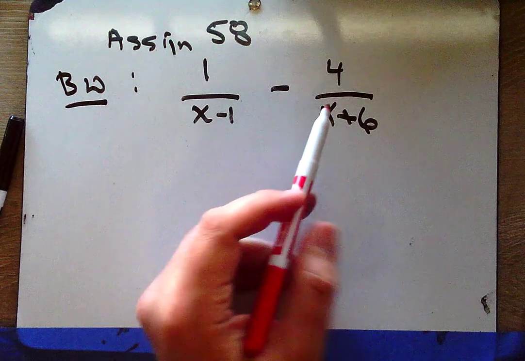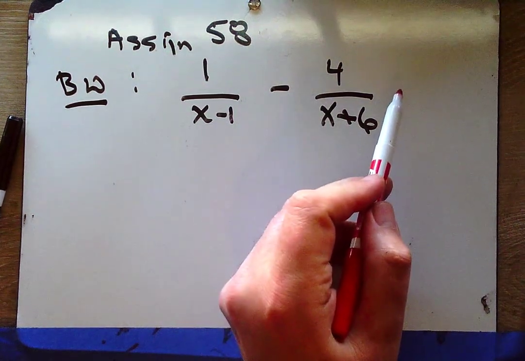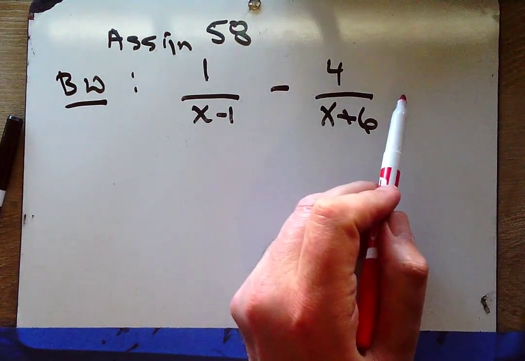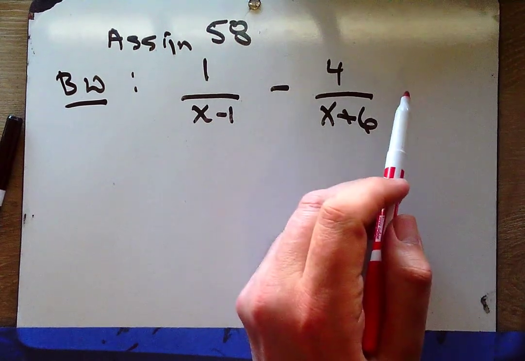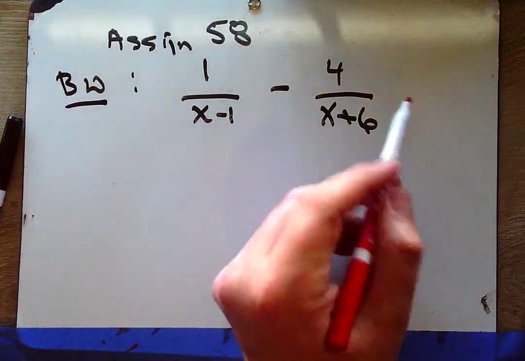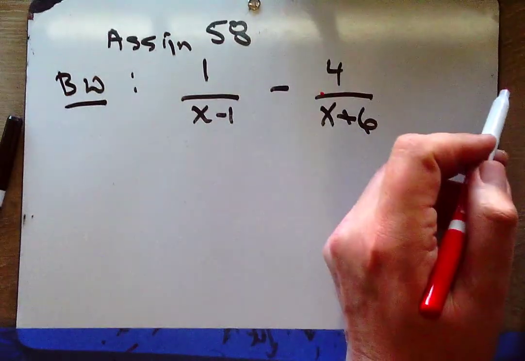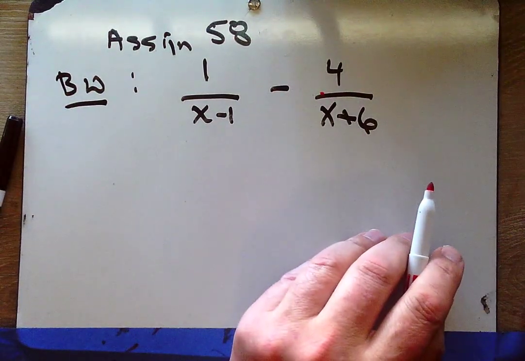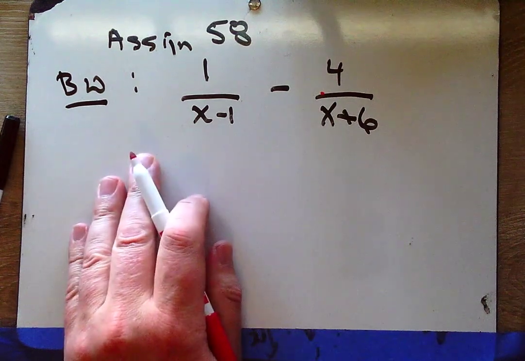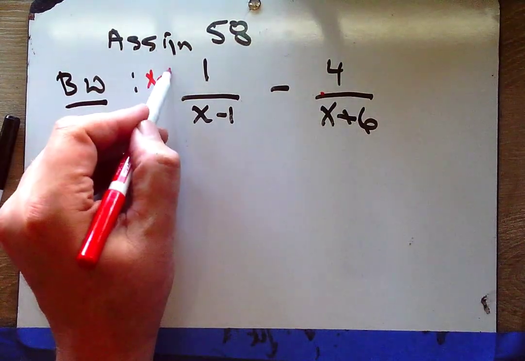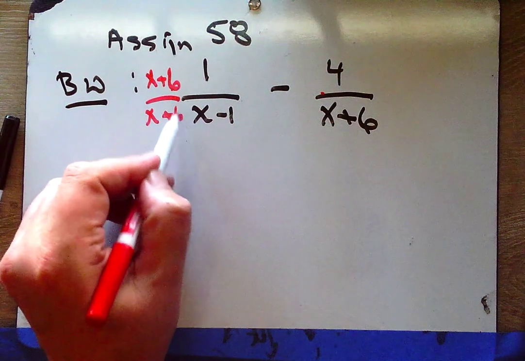Oh, it's true. There's no equal sign here. And because there's no equal sign, this isn't solving. This is simplifying. If there were an equal sign and something on the other side, I could multiply every term by the least common denominator. But since this is simplifying, I have to make a common denominator.